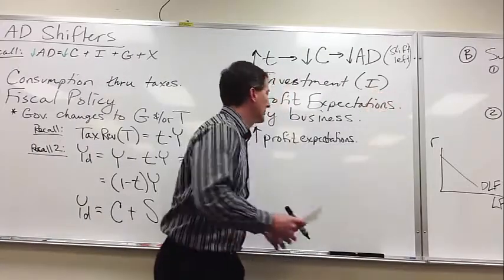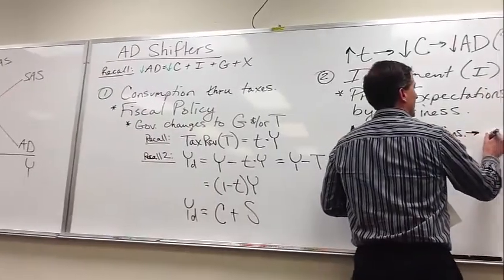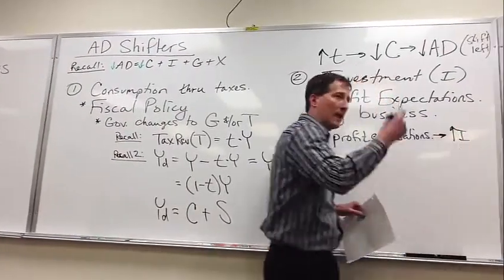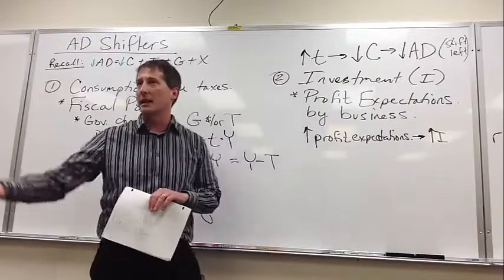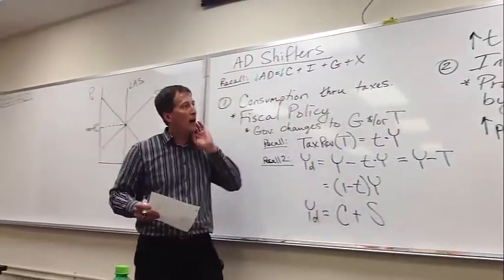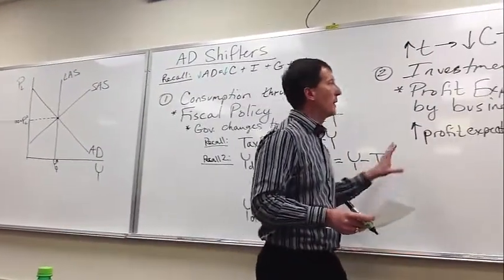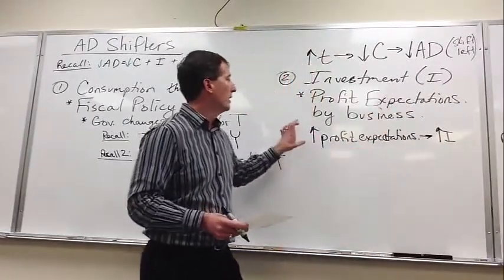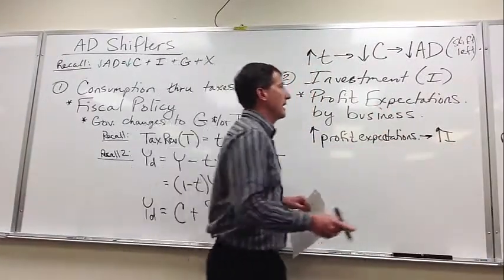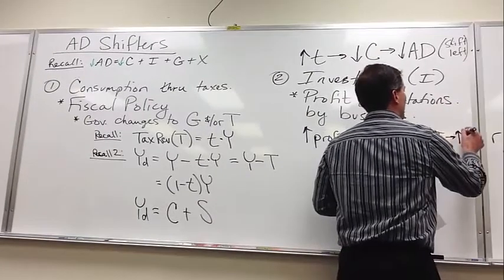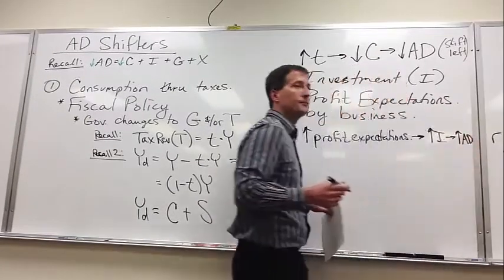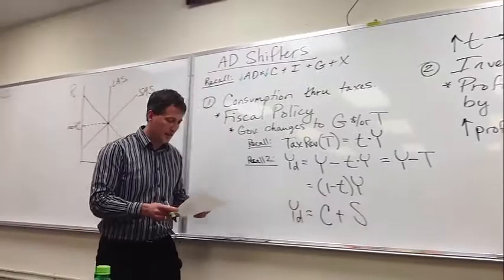Increase, right? So they're going to tend to increase purchases of capital and equipment and inventory and all those things that come along with preparing for a good year. They're going to increase that, which then is an increase in aggregate demand. A shift to the right.